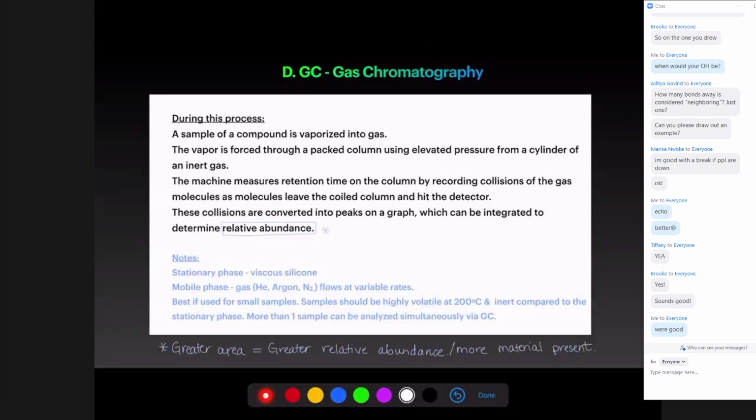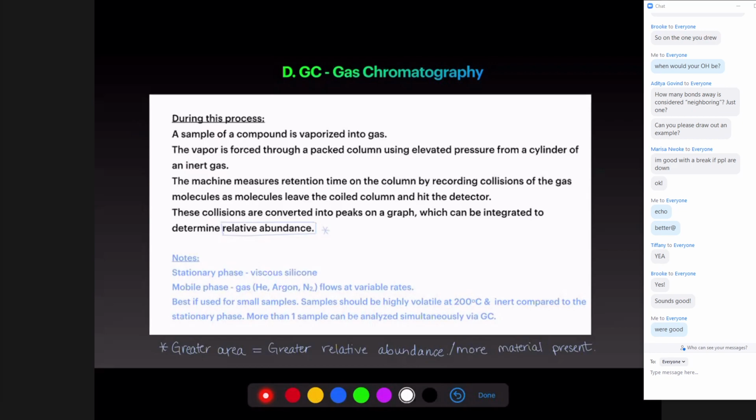So GC chromatography is gas chromatography. During this process, a sample of a compound is vaporized into a gas. The vapor is forced through a packed column using elevated pressure from a cylinder of an inert gas.